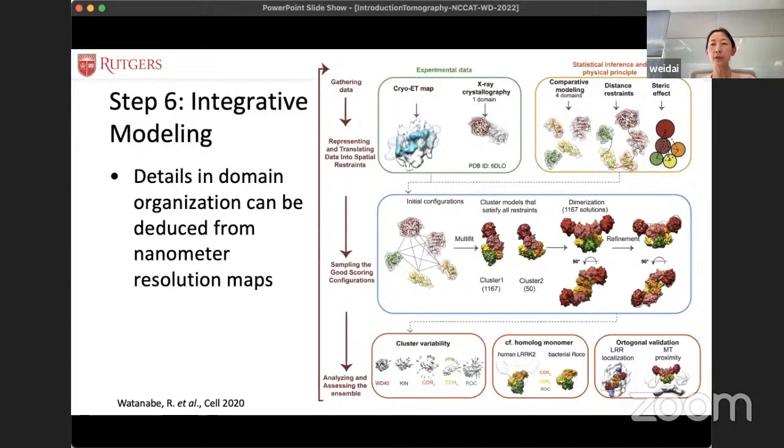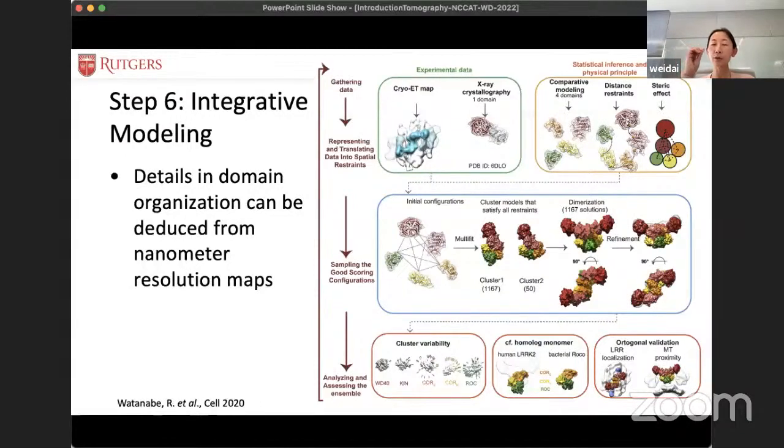So at this limited resolution, you can use it as an envelope and incorporate information about geometry and domain organization, and also take advantage of atomic resolution structures from single particle analysis, from X-ray crystallography, and more recently from structure prediction, for example AlphaFold.